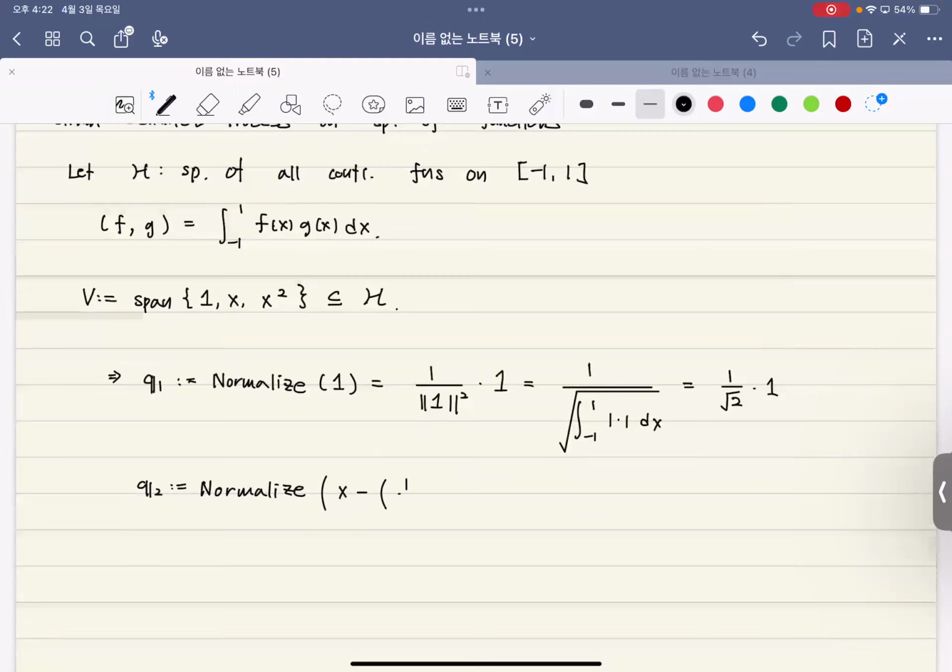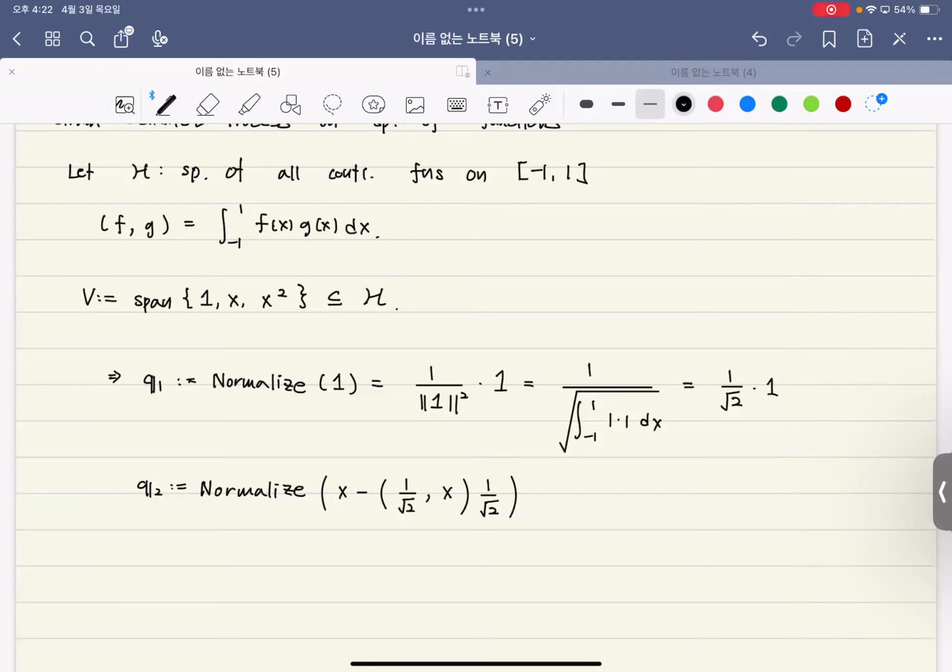It is 1 over square root of 2, inner product with x, and then I forgot to multiply by Q1.